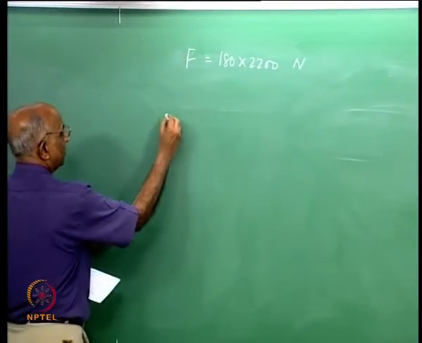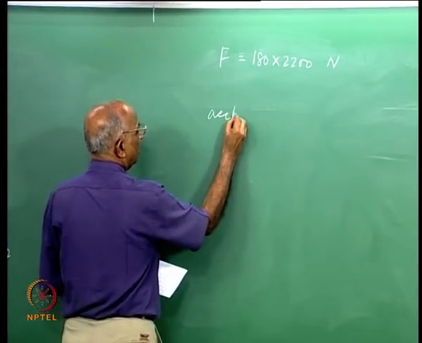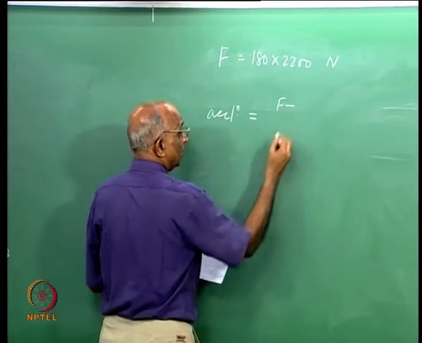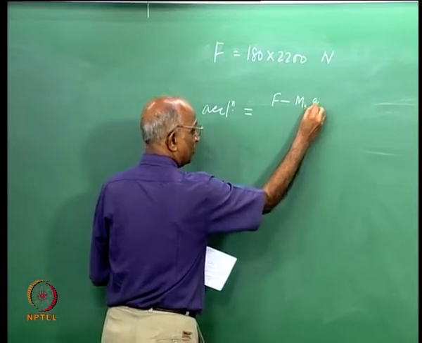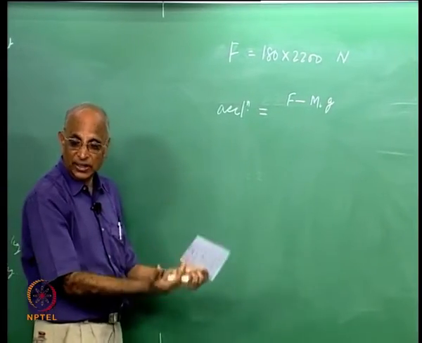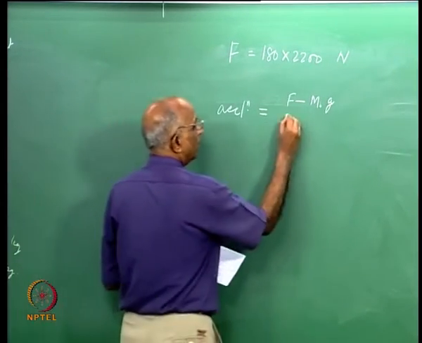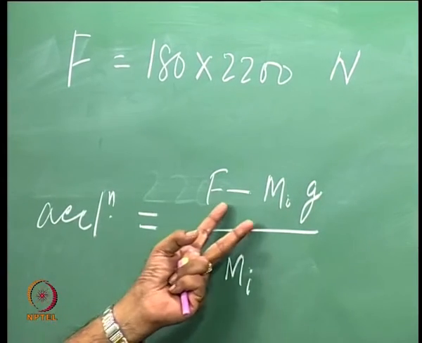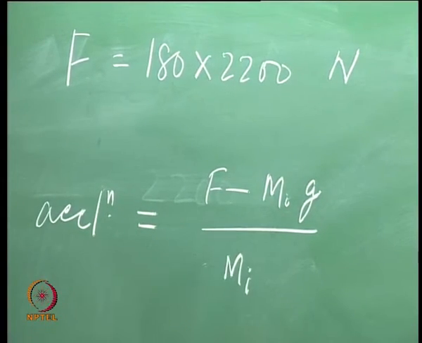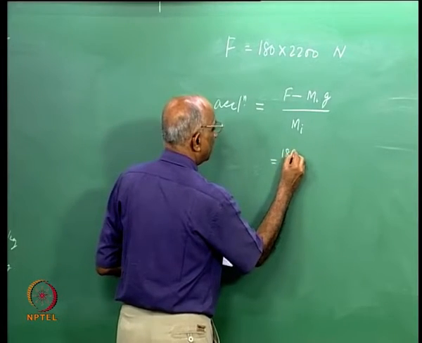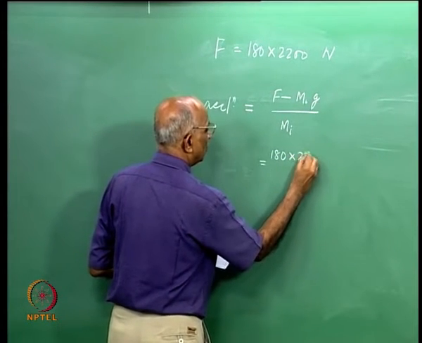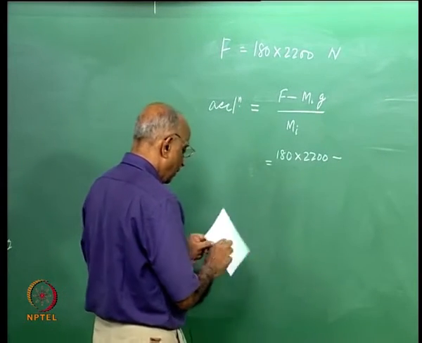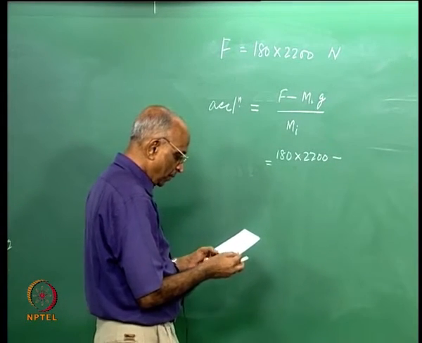The acceleration of this vehicle at takeoff is equal to the force minus the initial mass subjected to the initial gravitational field of the earth, divided by mi. Mass into acceleration is equal to the net upward force, and therefore this is equal to 180 into 2200 minus the initial mass of the vehicle we had calculated, that was equal to how much?